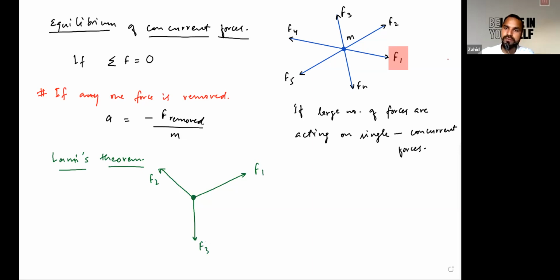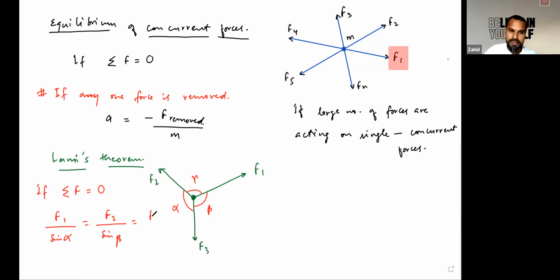And if the sum of all forces acting on this block is zero, there is a relation between these three forces. Let's say the angle opposite to F1 is alpha, opposite to F2 is beta, and opposite to F3 is gamma. So if the sum of all forces acting on this block is zero, then according to Lami's theorem, it will be F1 divided by sine of alpha, equals F2 divided by sine of beta, equals F3 divided by sine of gamma.